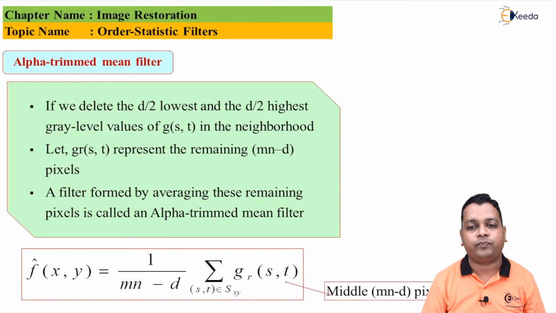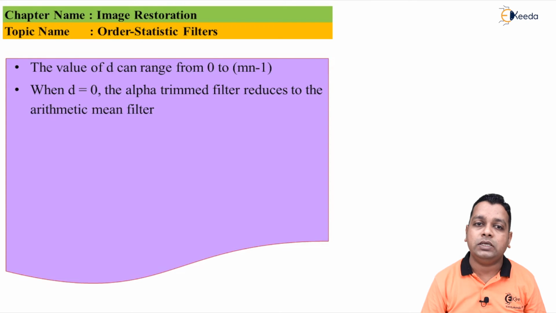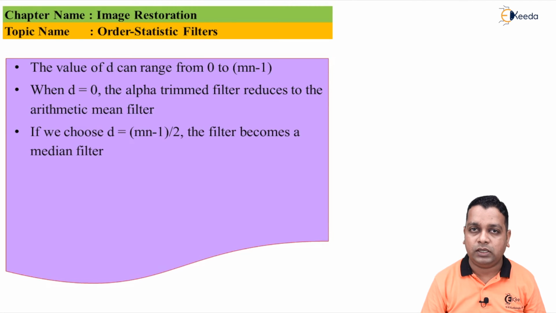These are the remaining mn minus d pixels. The value of d can range from 0 to mn minus 1. When d is equal to 0, the alpha trimmed filter reduces to the arithmetic mean type of filtering.